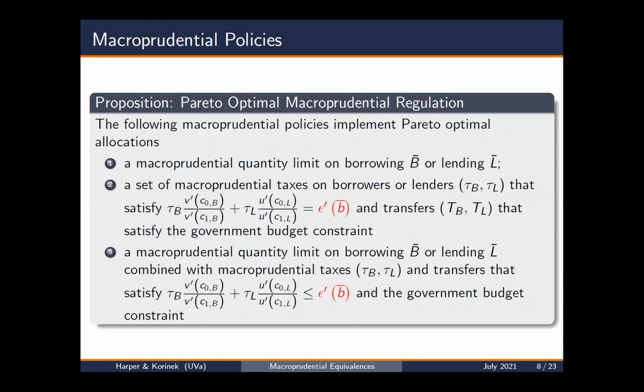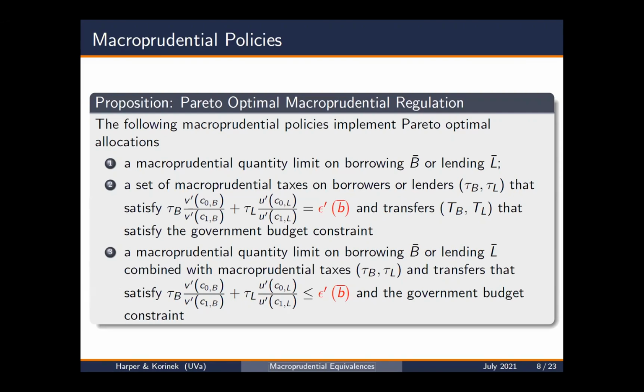So what gets us to a Pareto optimal allocation in this setting? We list out 3 macroprudential policies here. We can start with just quantity limits on borrowing or lending, which are strict quantity limits on the maximum that can be borrowed or lent. There can be taxes applied, and if you look at this expression here on the taxes, essentially the taxes are pricing in the externality, and you can apply them on both borrowers or lenders.